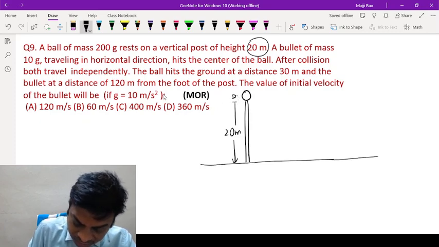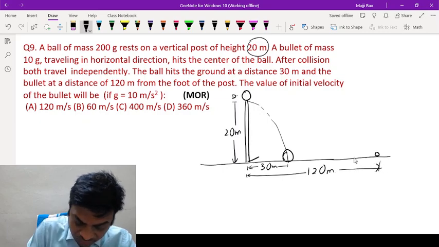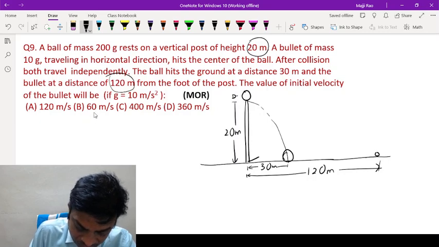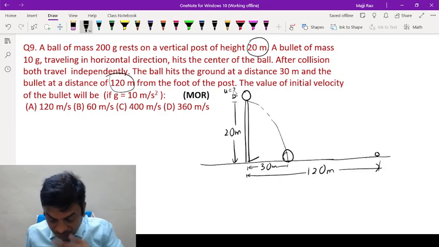After collision, it is given that the ball hits at a distance of 30 meters from the foot of the post, whereas the bullet is 120 meters away from the foot of the post. So we have to find the initial velocity u, right?